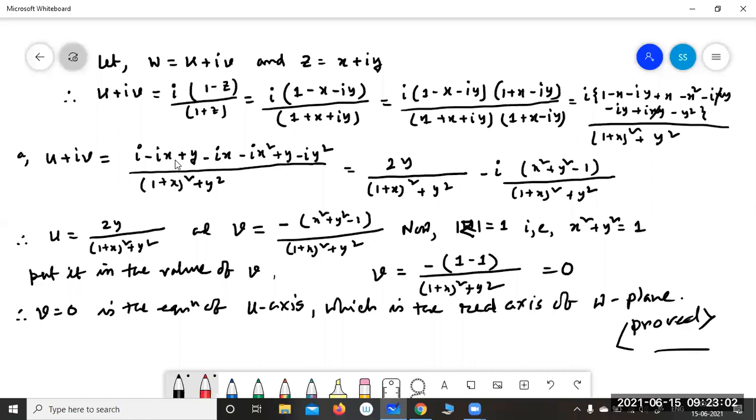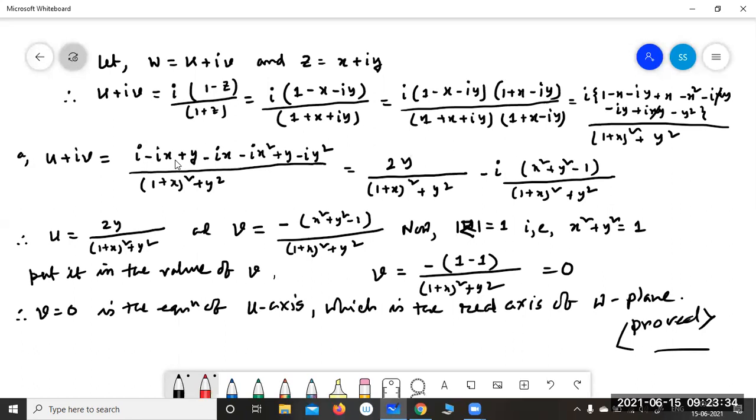So here mod Z equal to 1 means X square plus Y square equal to 1. We are putting the value of X square plus Y square as 1. Then we got V equal to 0. V equal to 0 is the equation of the U-axis, which is the real axis of the W plane, which was our required solution. So from here we can say that the transformation maps the unit circle mod Z equal to 1 into the real axis of the W plane. Is it clear to everybody? Yes, sir.